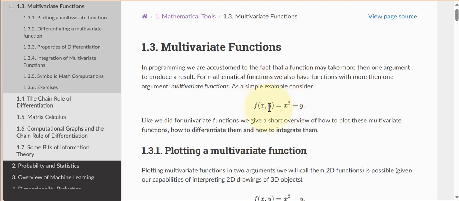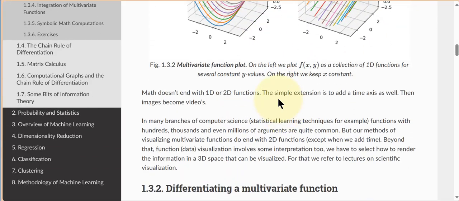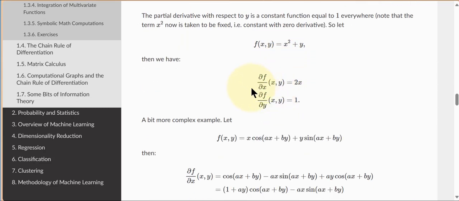Okay, now we're talking about a function of two input variables. So we'll have a different kind of graph for that, and so on. When we talk about derivatives for what we call multivariate functions, where we have more than one input, we use this symbol, a little different than the D, just so it helps us remember that we're not talking about just a univariate function.